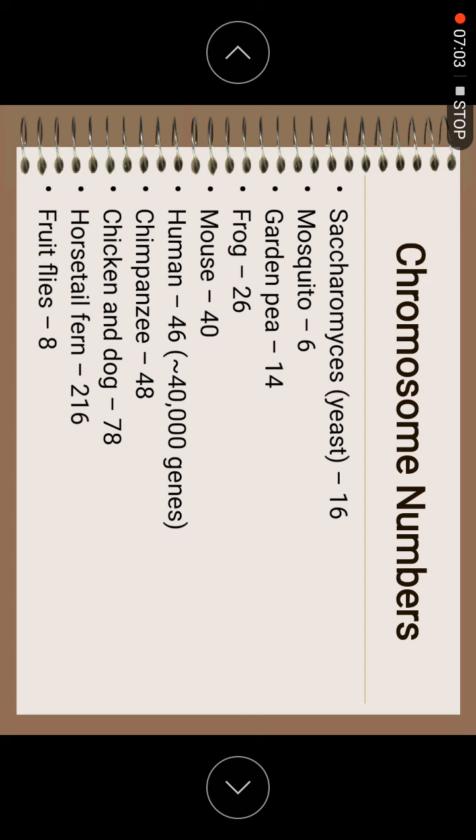And secondly, you cannot say that the more chromosomes, the bigger or the smarter the organism is. It's not. Chromosomes are just to hold the genetic information. It doesn't mean that if you have more genetic information, you are smarter. Human is 46, mouse is 40, mosquito has only 6, dog and chicken have 78.